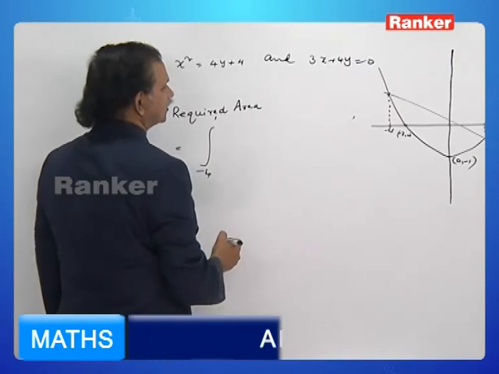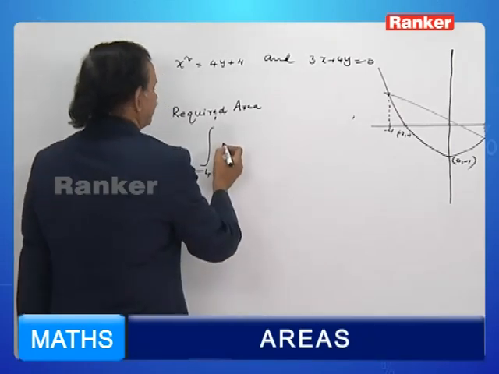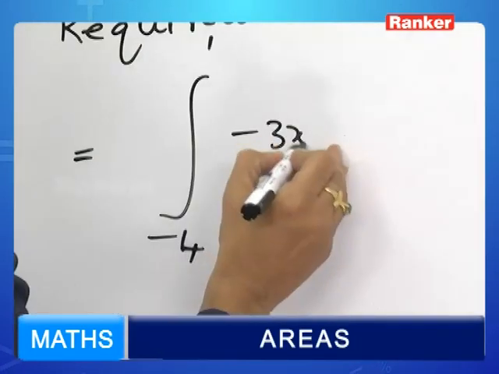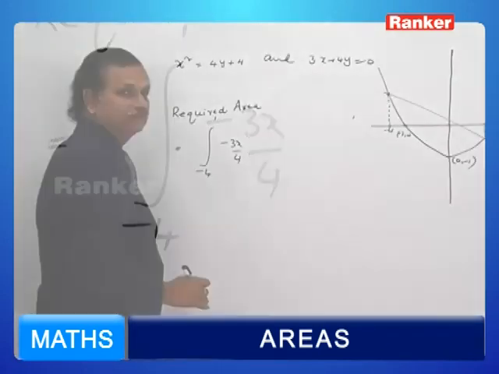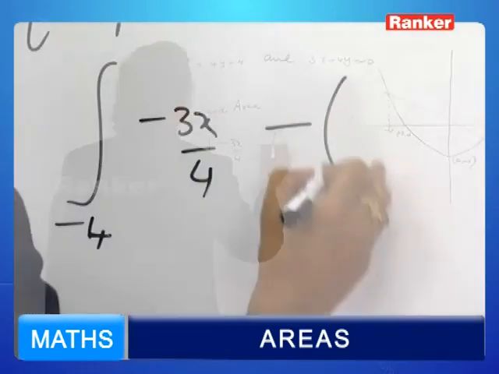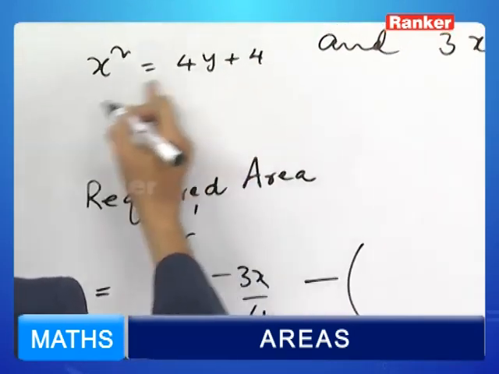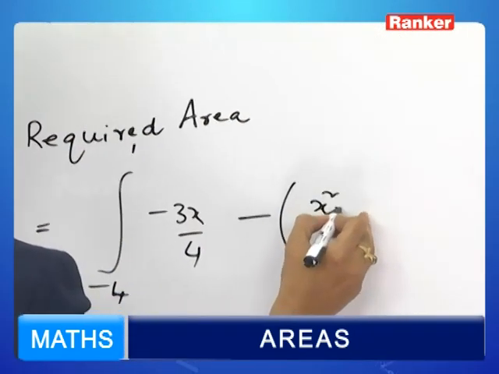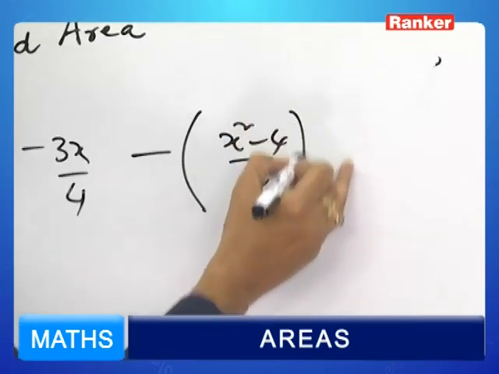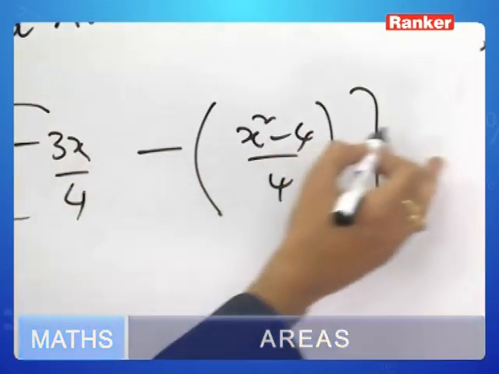What is y from this? Minus 3x by 4, isn't it? Minus, what is y from this? x square minus 4 by 4 dx.